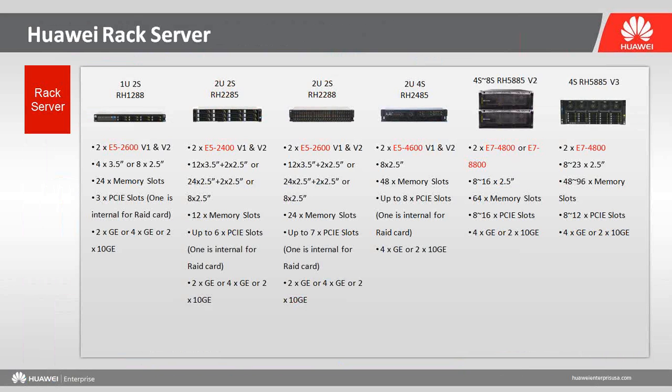So breaking it down a little bit further, we start out with a 1U 2-socket server, working our way up to 4-socket and 8-socket platforms on the right-hand side. In the middle, we offer a variety of 2U 2-socket servers with different drive densities, different processor technology, memory capacities, allowing lots of flexibility in how you design and architect your solutions for applications within your data center, campus, or remote sites.